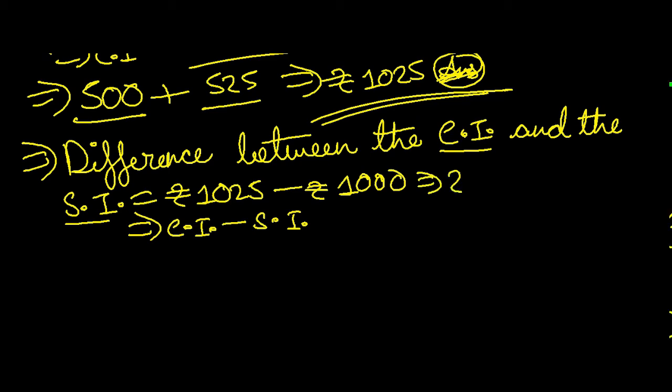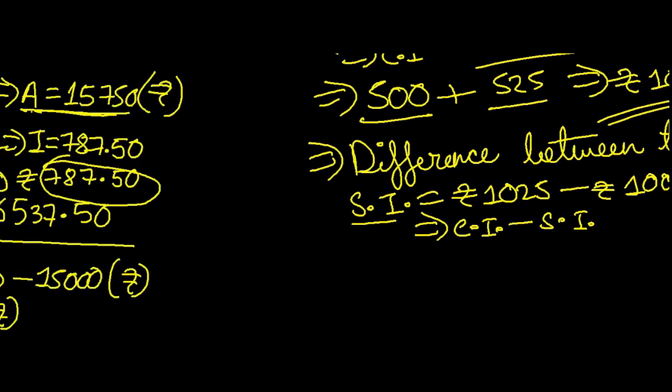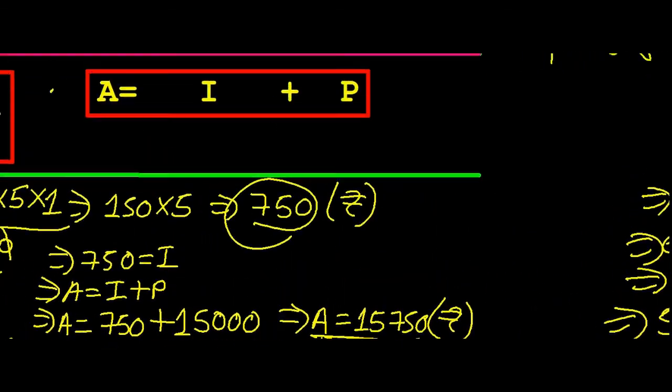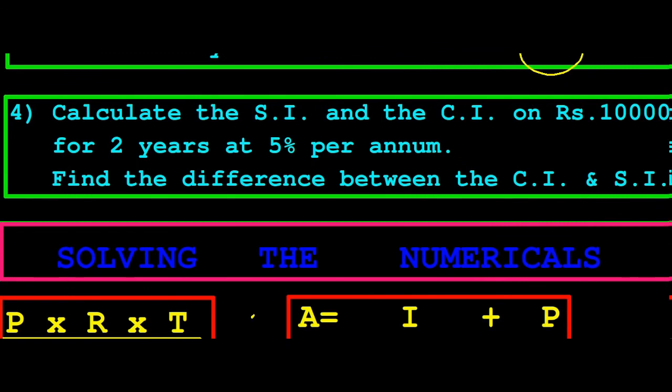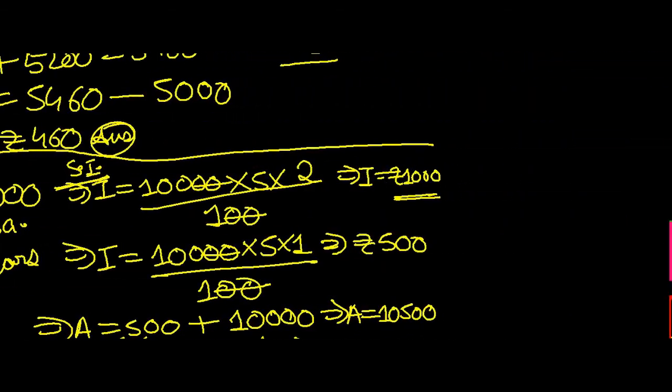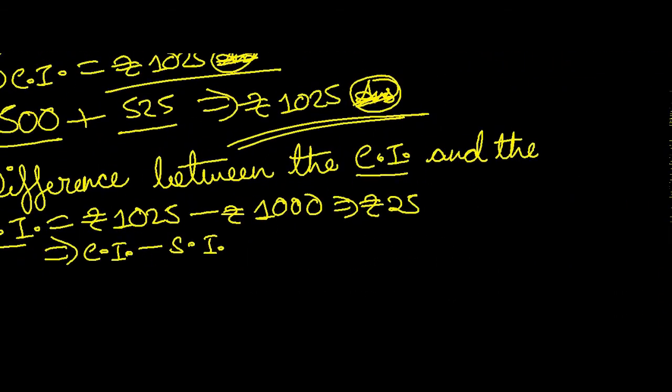So the difference is rupees 25. Okay. So the sum was asking to find the difference between the compound interest and simple interest. Okay. So rupees 25, the difference between the CI and SI, is our answer.